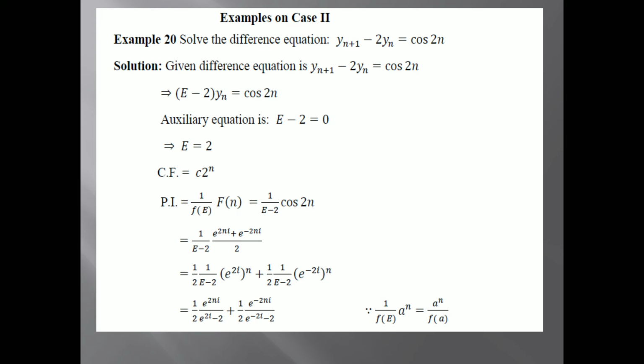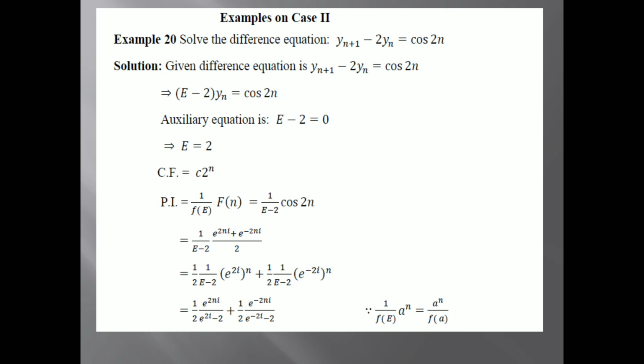Now use the formula of cos 2n as e raised to 2ni plus e raised to minus 2ni upon 2. Take the constant 2 in the denominator and give it separately to each term, as 1 upon 2 into 1 upon E minus 2 into e raised to 2i raised to n, plus 1 upon 2 into 1 upon E minus 2 into e raised to minus 2i raised to n.